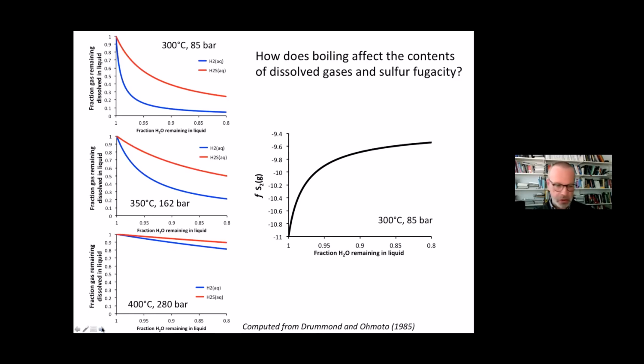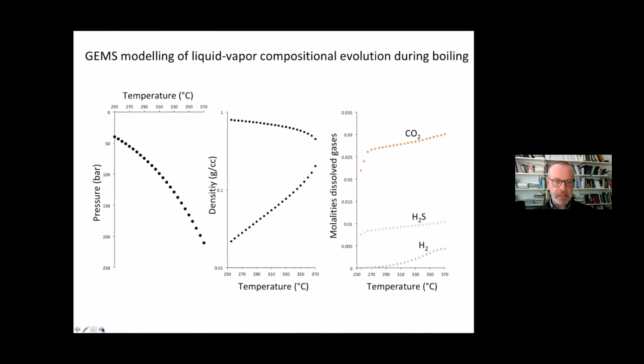Again, which would help you make pyrite and perhaps even elemental sulfur. The GEMS modeling tool allows you to actually keep track of how the dissolved gas contents will co-evolve during boiling.